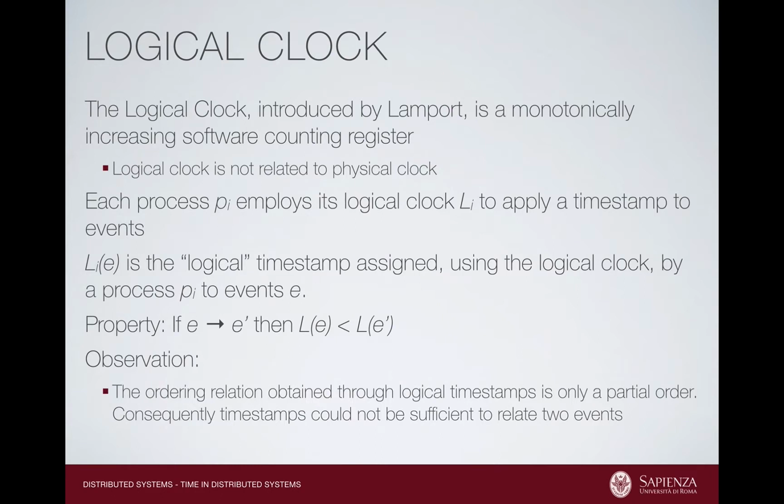Notice that we are not stating anything about the other direction of the implication. We just say that this logical clock will be created in such a way that if an event happens before another in the happened-before relationship, then the timestamp of the first event will be less than the timestamp of the second event.